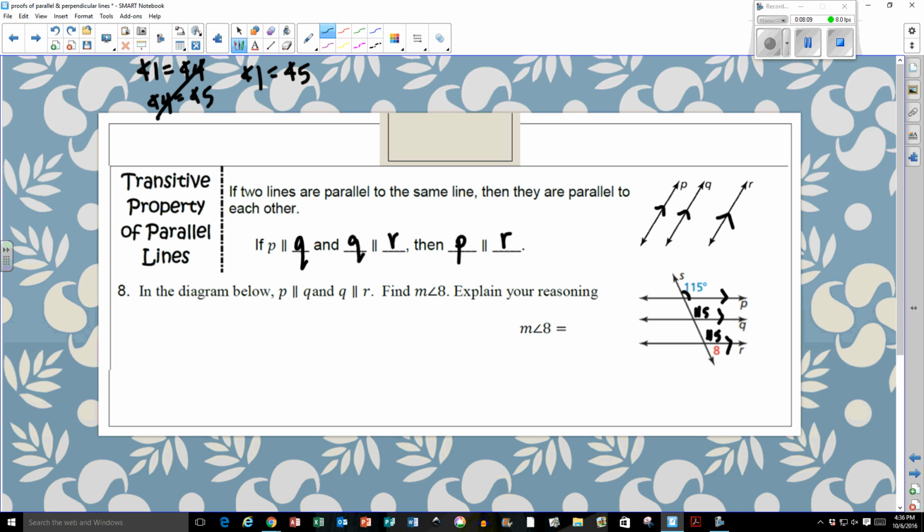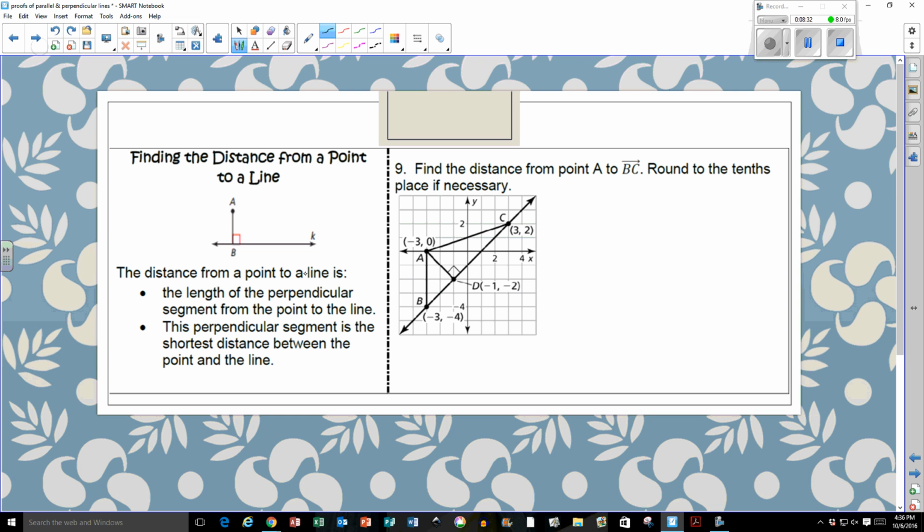So 115 plus angle 8 is 180. So if I subtract 115, I get that angle 8 is 65 degrees. So this one would be 65 degrees. And that's all that property is, super easy.